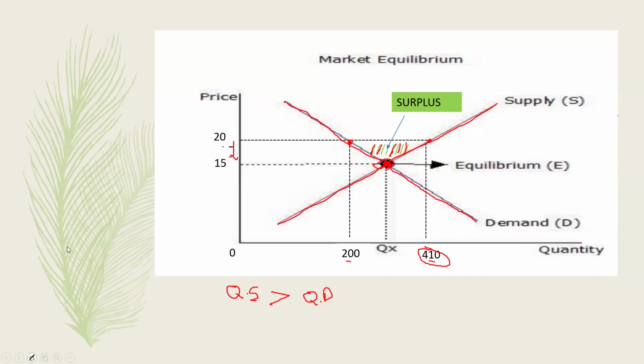Prices will start to go down and keep going down until the surplus is eaten away. It starts to disappear, and when that occurs, we're going to go back to our equilibrium point. So think of this little line here, where the $20 is. It will now go back to where the 15 is so that we can get to equilibrium.